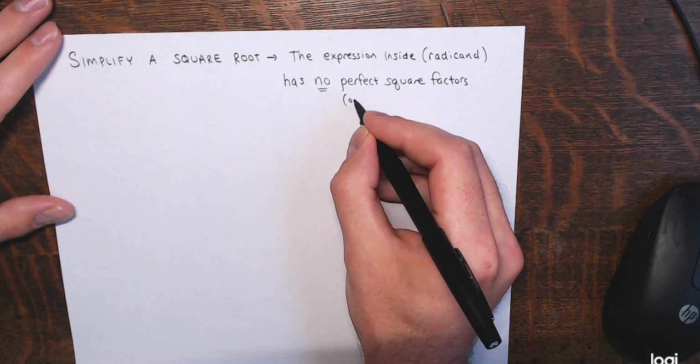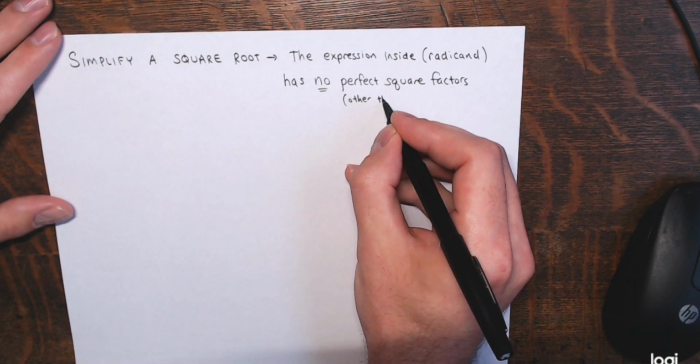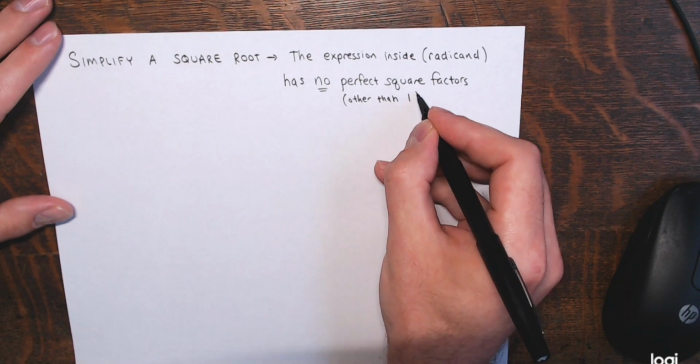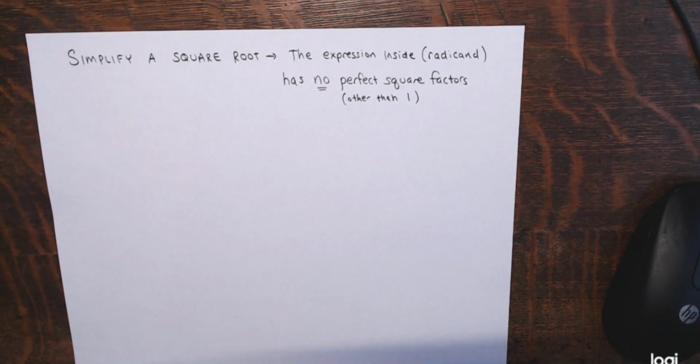Right, other than 1, because the number 1 is a perfect square. It's 1 squared, and it goes into everything. So it has no perfect square factors other than 1.